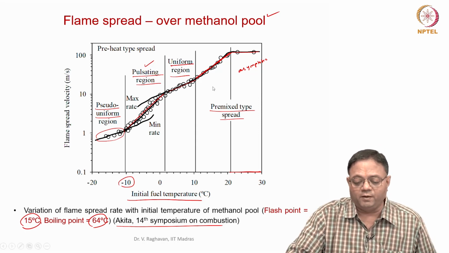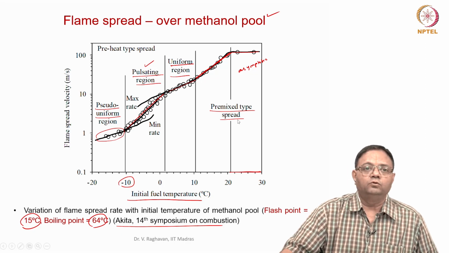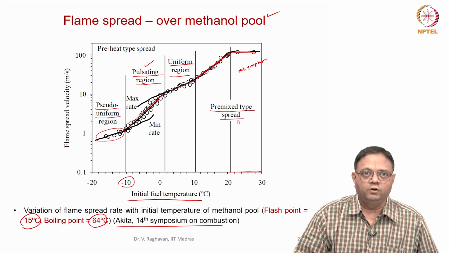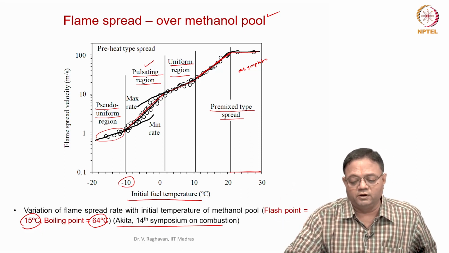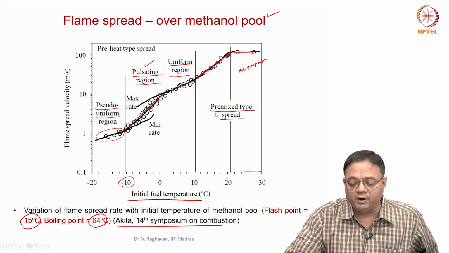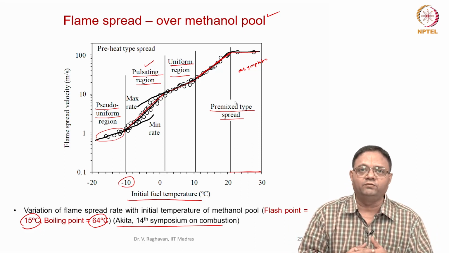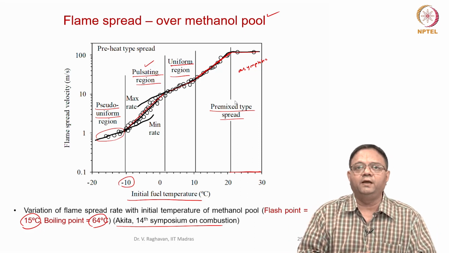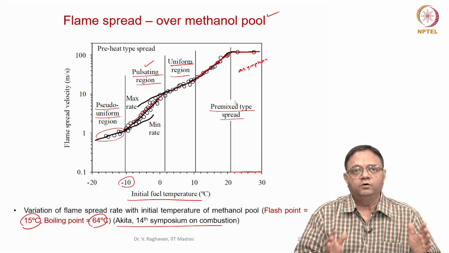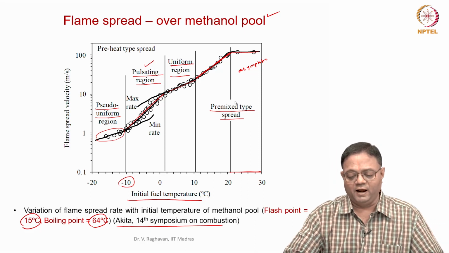In this case, what happens when the liquid temperature is close to or above the flash point of the liquid fuel? You can see that a premixed type of flame spread occurs. That is, enough vapors are already available in the gas phase, which has mixed with the ambient air, and the flame has to just propagate over the premixed reactants.